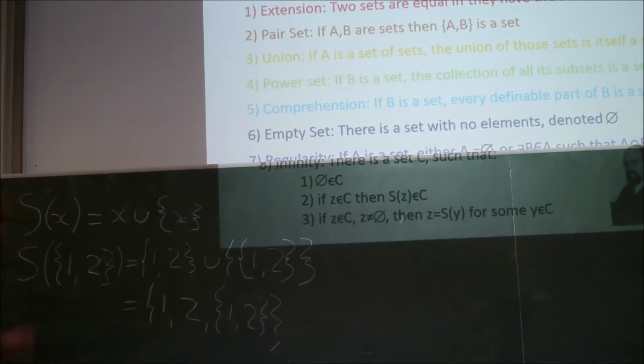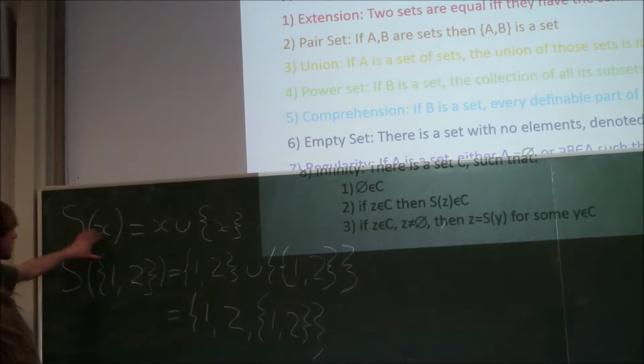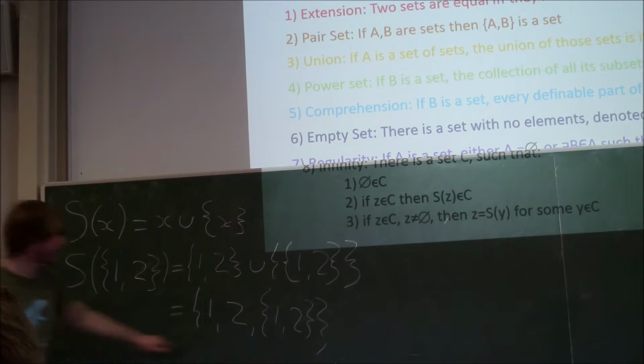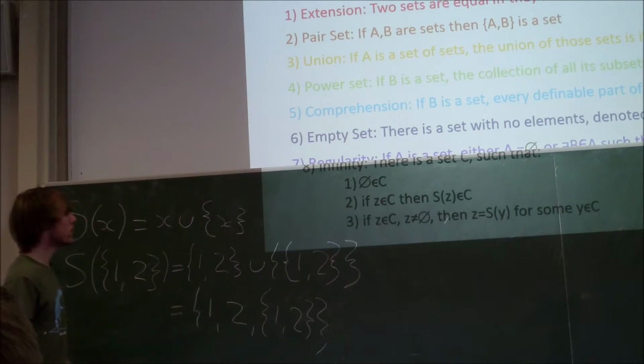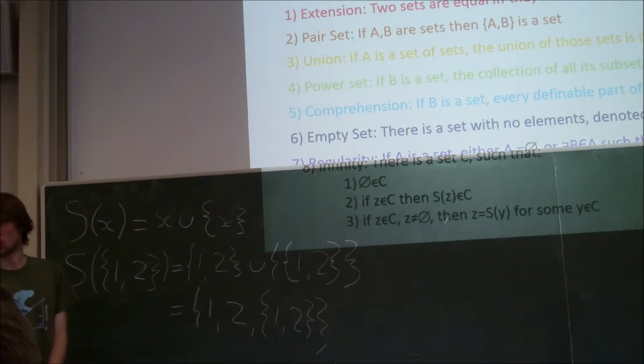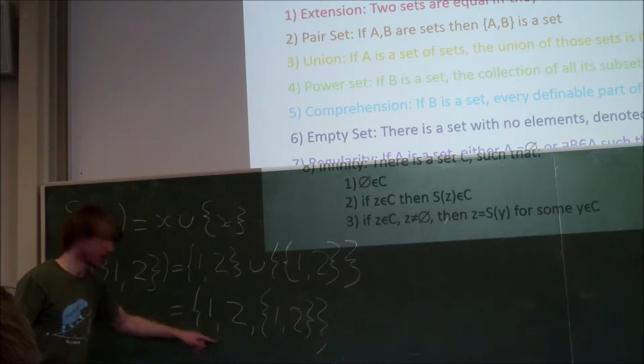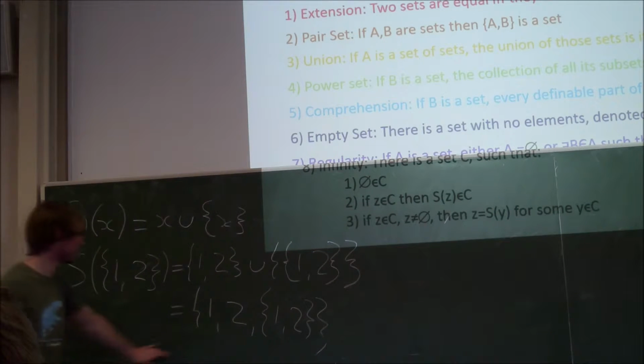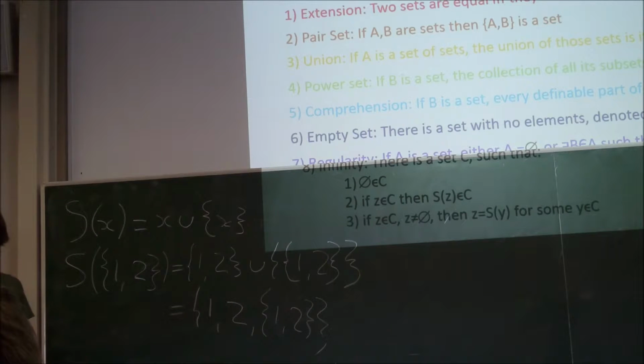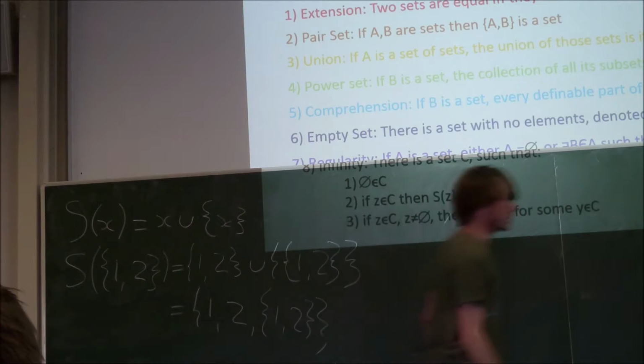So in terms of thinking about what's going on here, you're taking everything that was already in X and adding X itself on. And this is going to be analogous to adding 1 to a number, because every time we apply S, assuming it's finite, the number of elements is going to grow by 1. Is everyone happy with that? Cool.